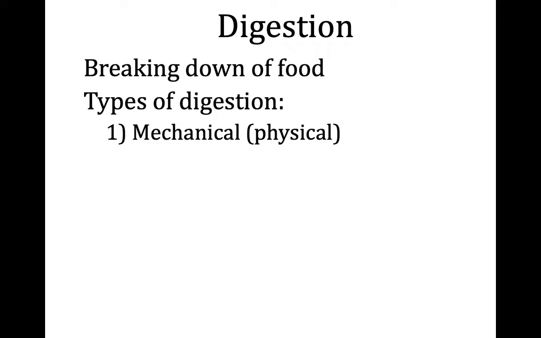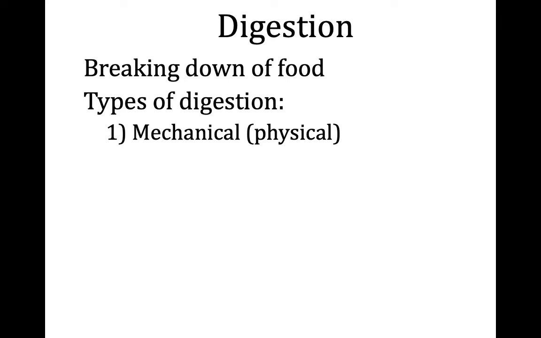So in the first process, when we consume the food and it goes into our bodies, the first thing that we do is break it down. There are a few different ways that our body is able to break down food, or as we can call it, there's a few types of digestion. The first type of digestion is what we call mechanical digestion or physical digestion. Both of those are still referring to the same thing.